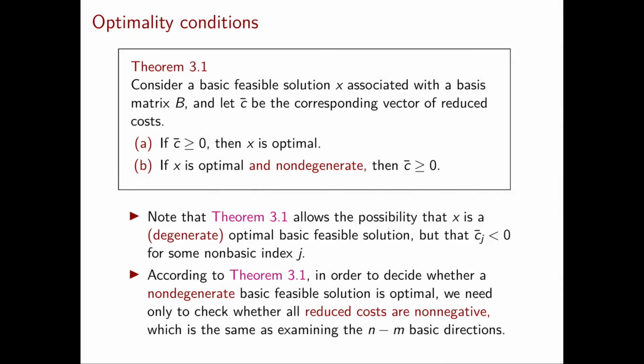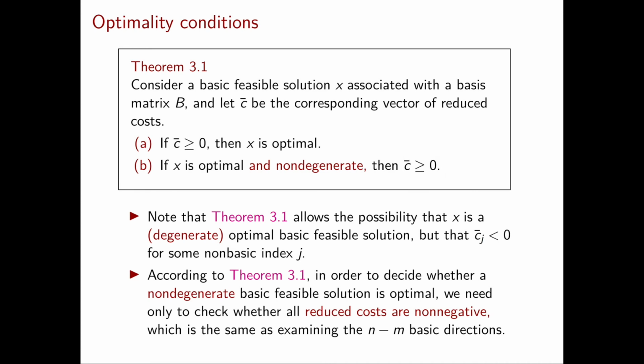If this happens, clearly it must be the case that x is degenerate. If instead we consider the case when x is non-degenerate, then we do have an if and only if, namely the vector x is optimal if and only if c bar is greater than or equal to 0.